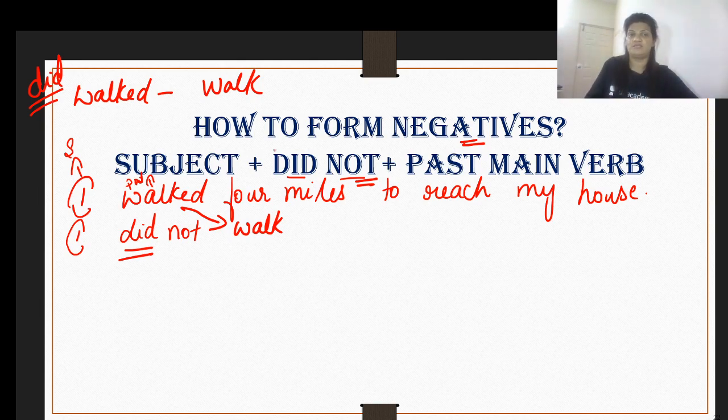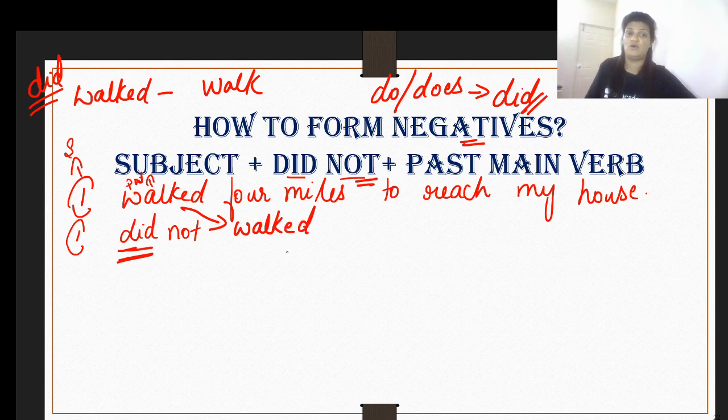In simple present we use do or does based on the subject type, right? But in simple past we use did as our auxiliary. And because we have used did over here, if you write I did not walked, then it will be a grammatical error. Therefore, you cannot write walked.